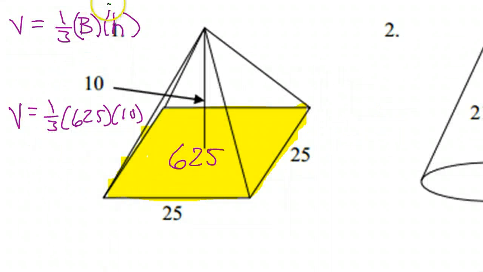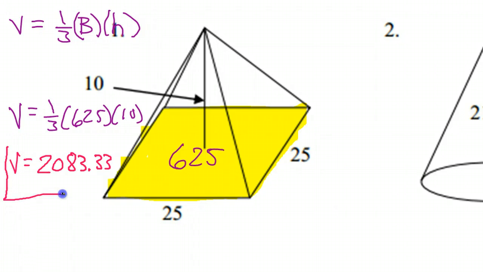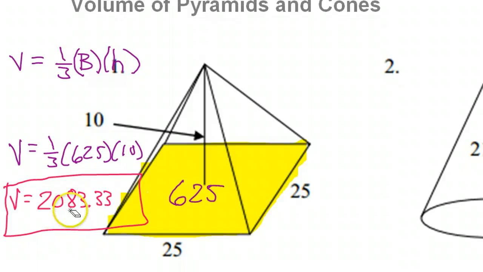We'll do the nearest hundredth. Now if there were units, we would do cubic units, like units to the 3rd power. But there weren't any units given, so that's the answer for number 1.